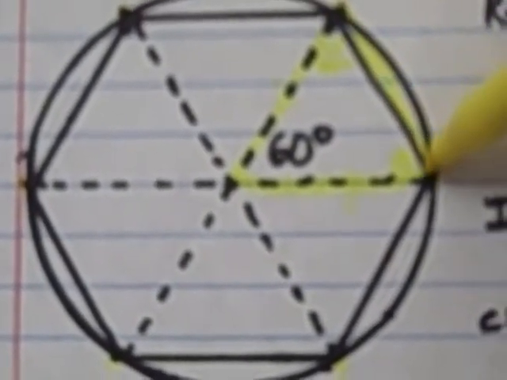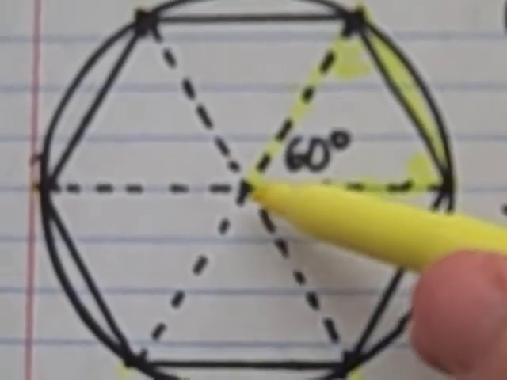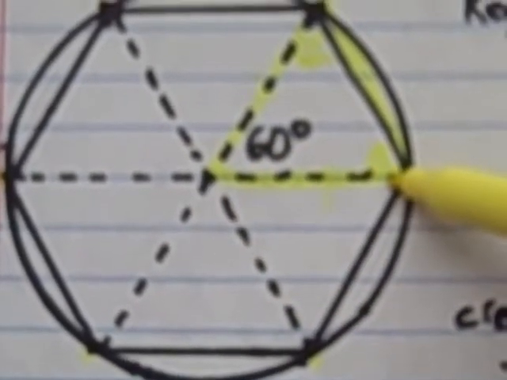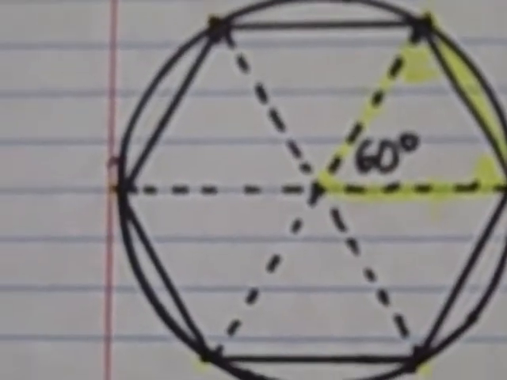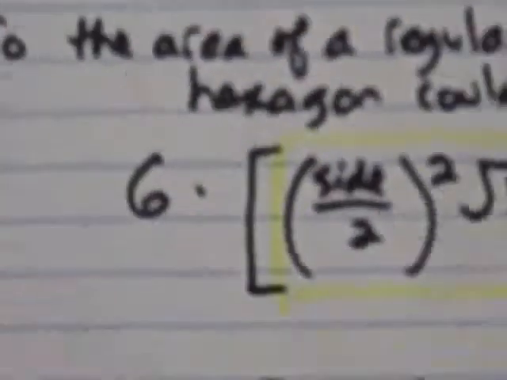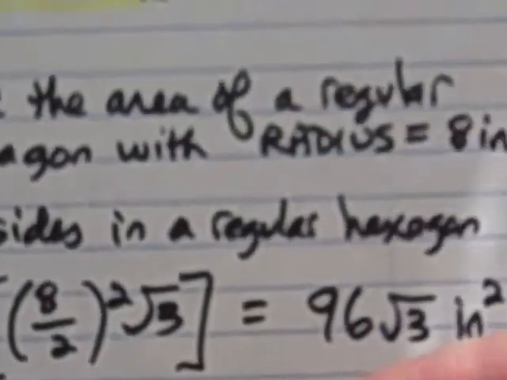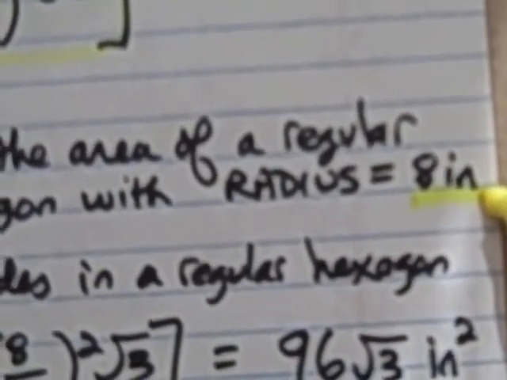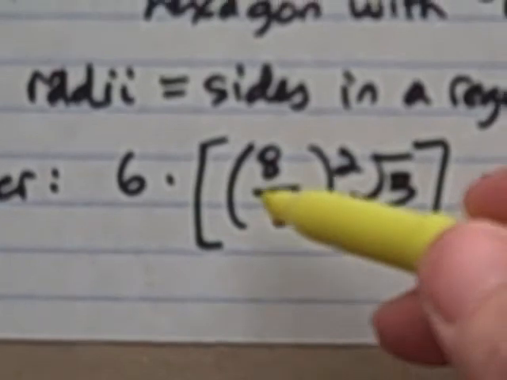So the side of the hexagon has to be congruent to the radius, or else these 6 triangles are not equilateral, correct? So, in place of the radius, we could use side or vice versa. So, for this problem here, we're going to plug in our 8-inch radius in place of the side, because the side is congruent to the radius.